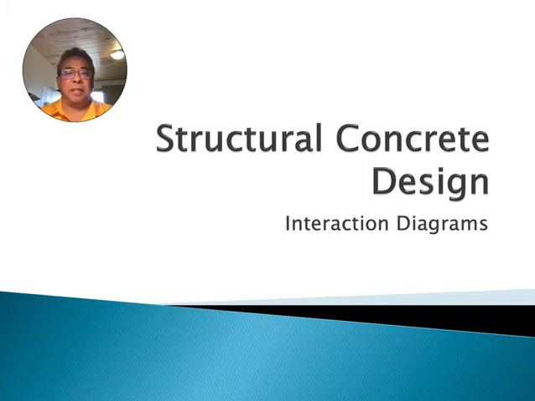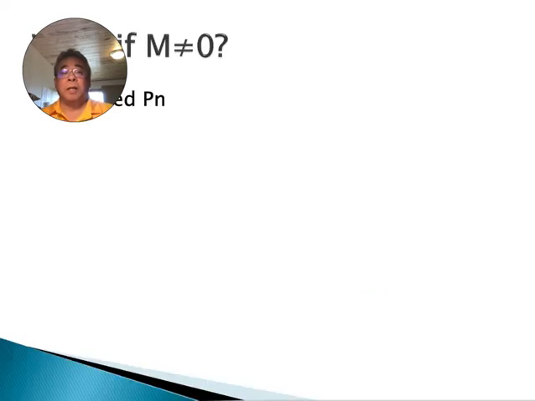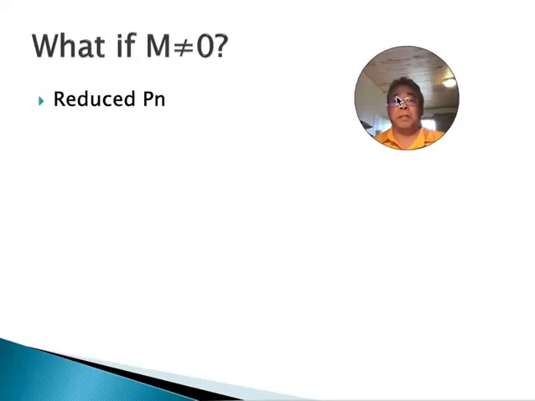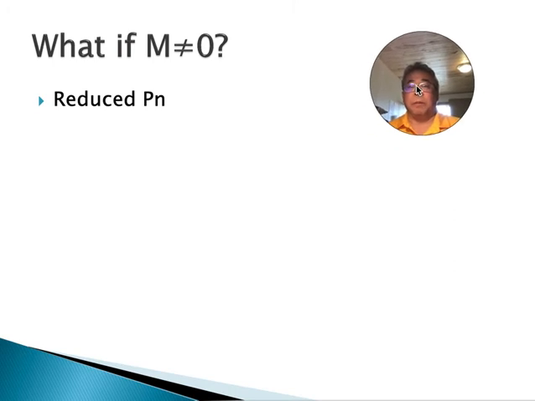Into the meat and potatoes of reinforced concrete column design: interaction diagrams. We've previously talked about the capacity of columns if the load goes right down the centroid, or eccentricity is zero. The question we want to know is what happens if the moment is not zero?